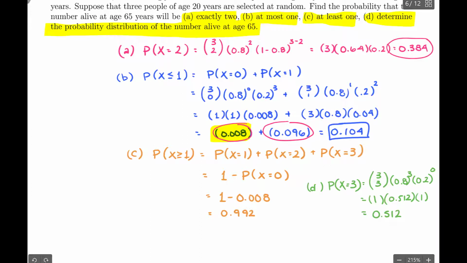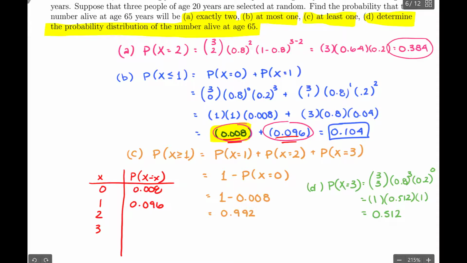And now we can write out our table. We have X, and this should line up with the table that we generated earlier. If it doesn't, then I've made a terrible mistake somewhere. The probability of 0 was 0.008. We found that right here. The probability of 1 is 0.096.